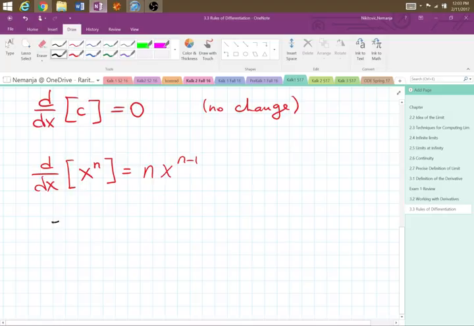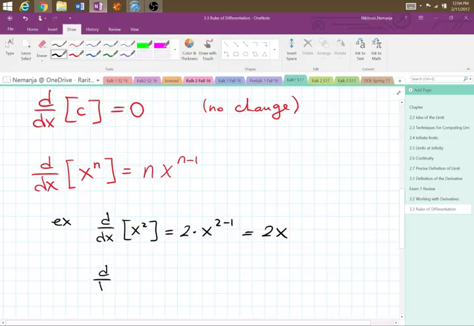So, as examples here, start with good old x squared, right? Which would be 2 times x to the 2 minus 1, which is 2x, right? We know that one. The derivative of 1 over x cubed, for instance, is the same as asking about the derivative of x to the minus 3.